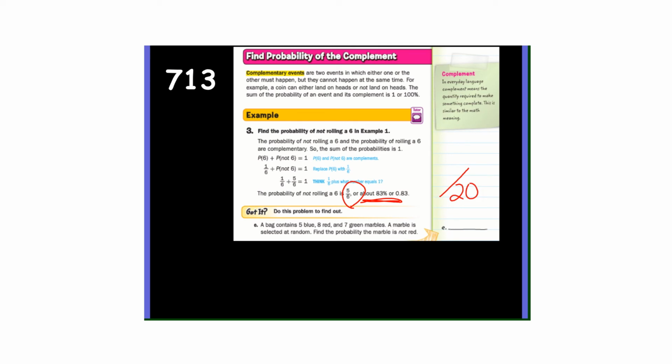So that's going to be our denominator. How many are red? 8. So how many are not red? 12. So you can just leave it as 12 out of 20. I don't care. You can write 6 out of 10. 60%. Okay.